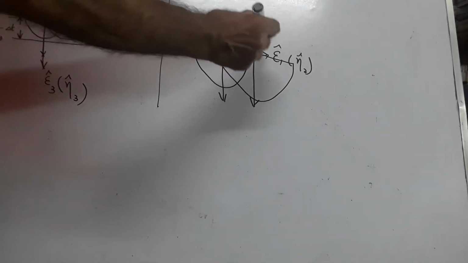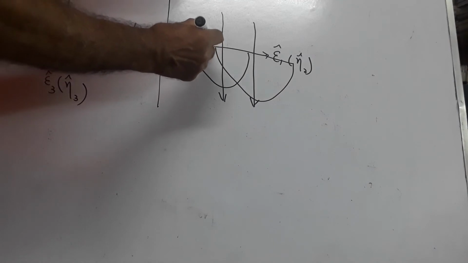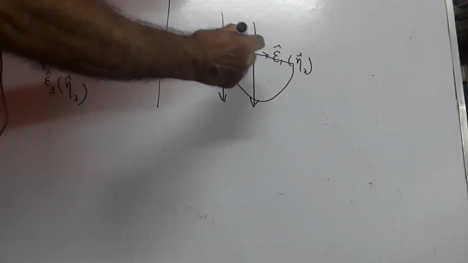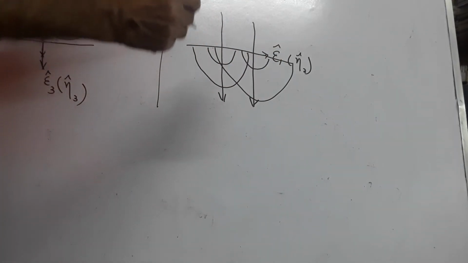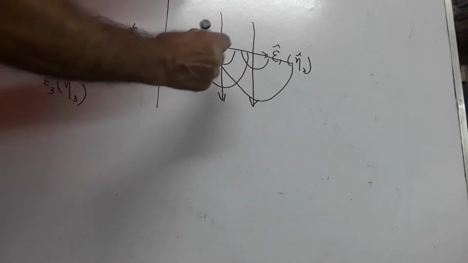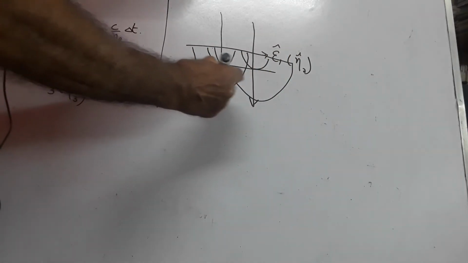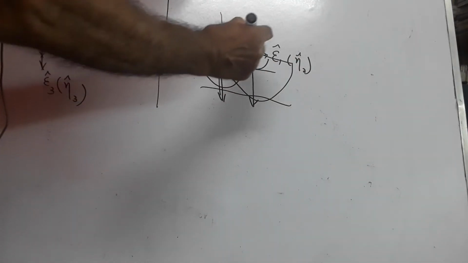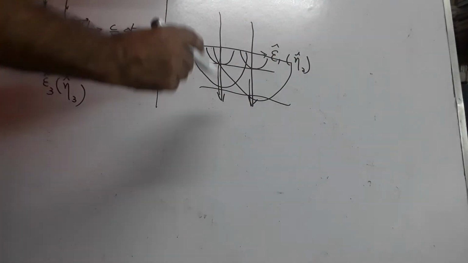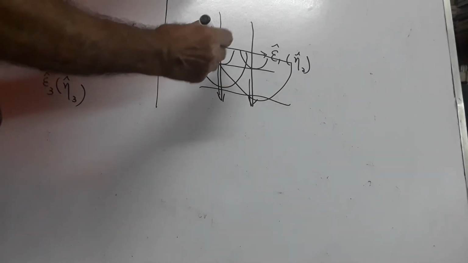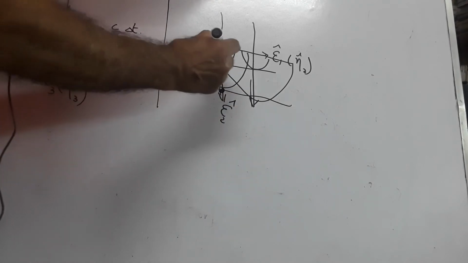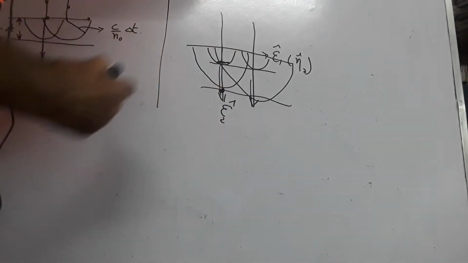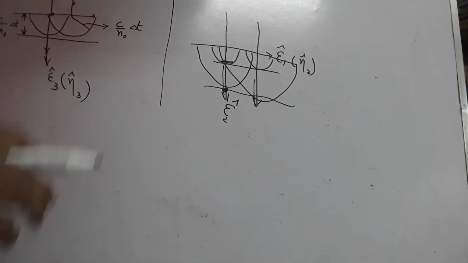Whereas if E2 were in that direction, the velocity will be like that. I'm always assuming V_E is smaller than V_O, so that will be the wavefront. Both of them will be in the same direction, but there will be two different polarizations. This one will be polarized along epsilon 2 and that will be polarized along epsilon 1. All this we have seen.